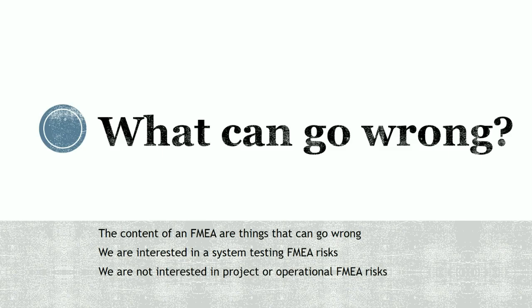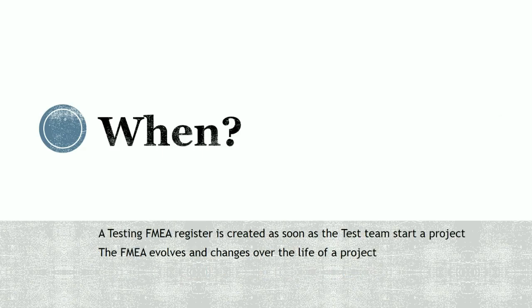Operational risks include things like the service level agreement not being complied with by the vendor, the gateway to PayPal not being available, or servers not having sufficient capacity or not responding in time. Those operational risks, if it works when you're testing it, that's fine, but operational risks and project risks are outside of the scope. So what we're looking at is what can go wrong with the software.